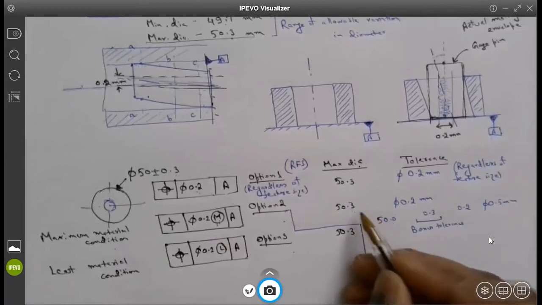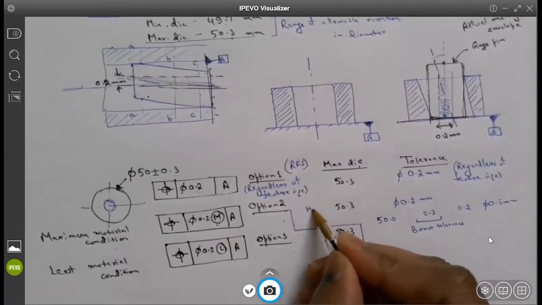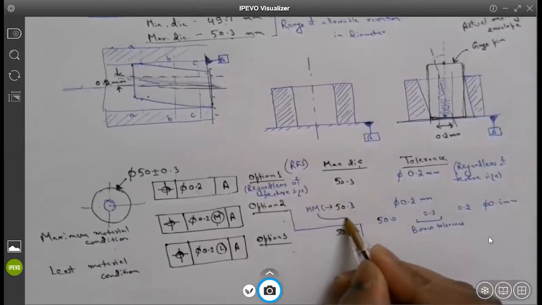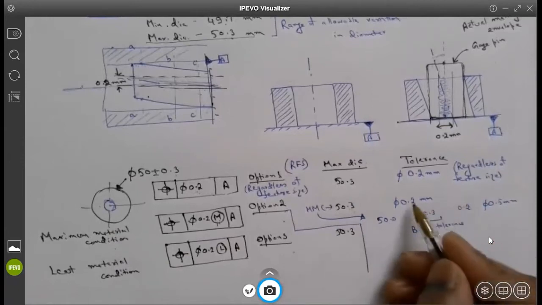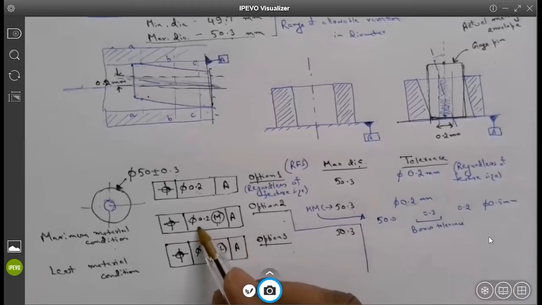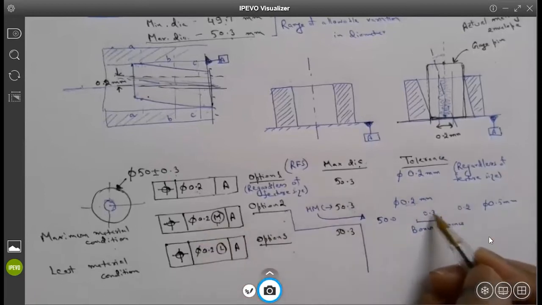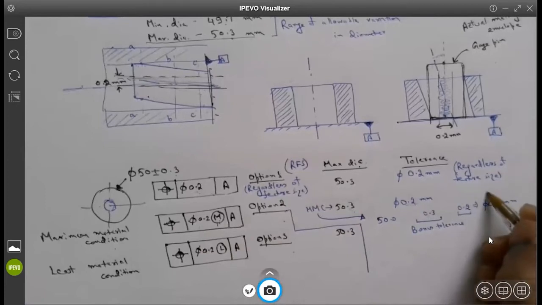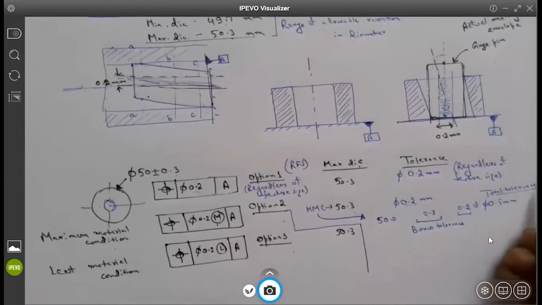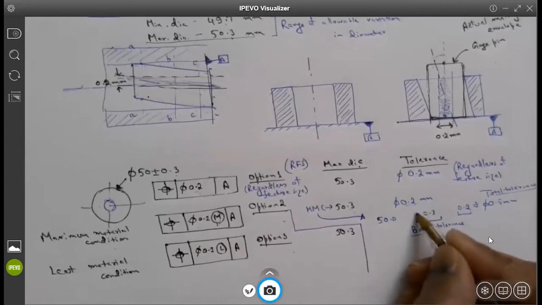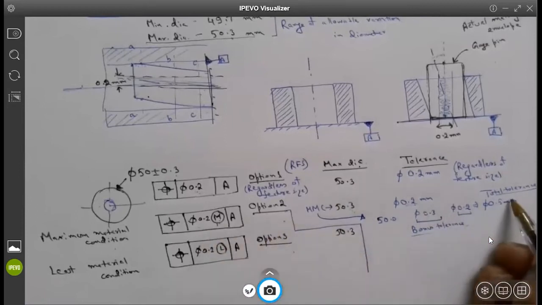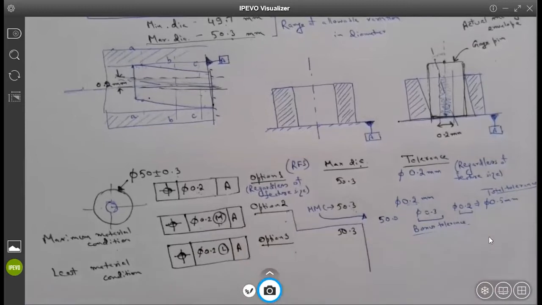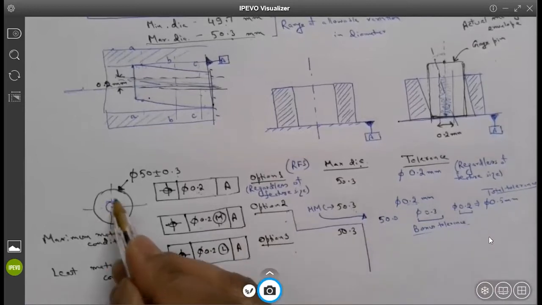Our size is deviating from MMC by 0.3 millimeters, and that 0.3 is added to the actual tolerance of 0.2 millimeters. So the bonus tolerance is diameter 0.3, diameter 0.2 was the actual tolerance at MMC, and the total tolerance will be 0.5 millimeter diameter. The tolerance zone will now be bigger at 0.5 millimeters.